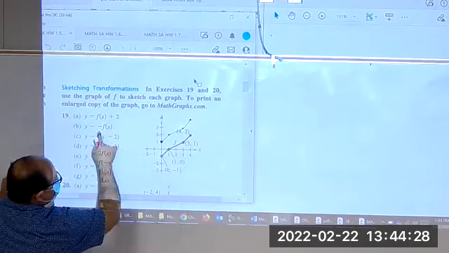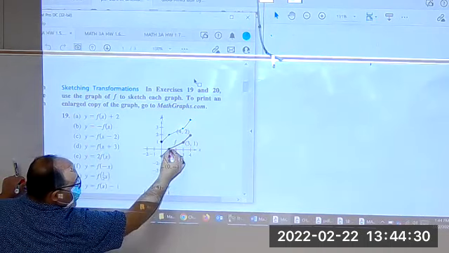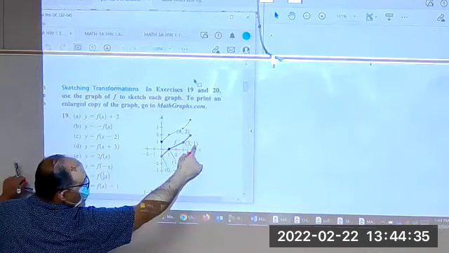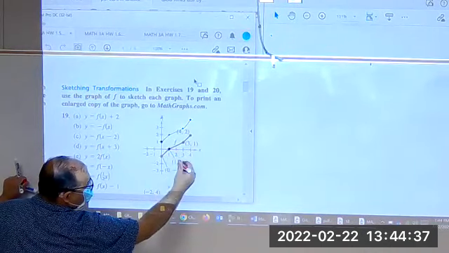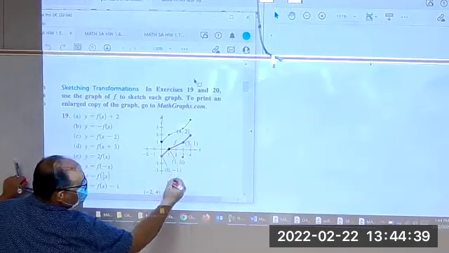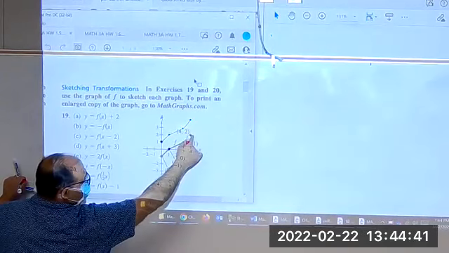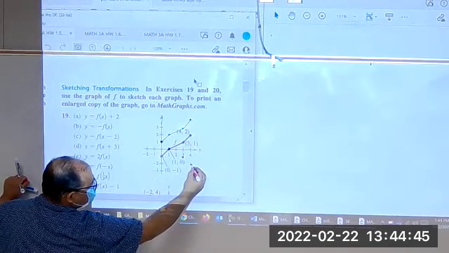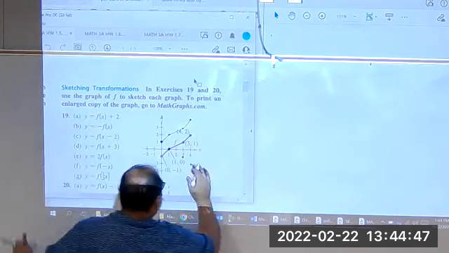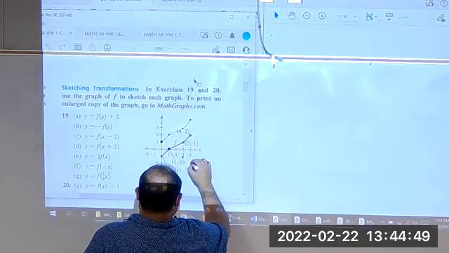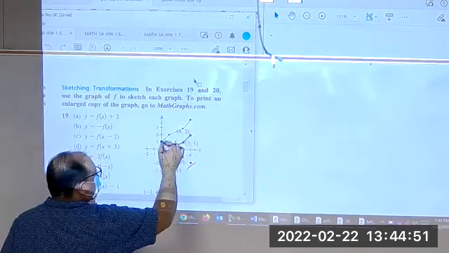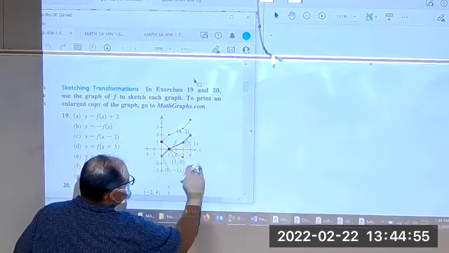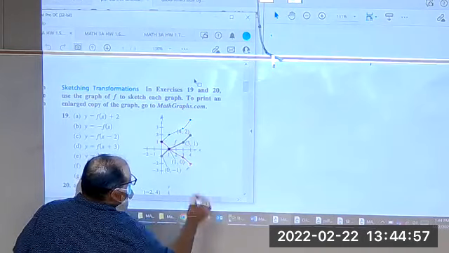The opposite of this y value, 0, is still 0. The opposite of 1 is now going to be down here at -1. And the opposite of 2 is now going to be down here at -2. So here and there and then there.